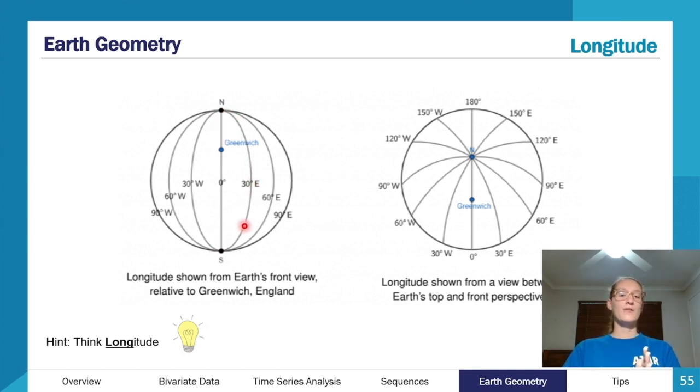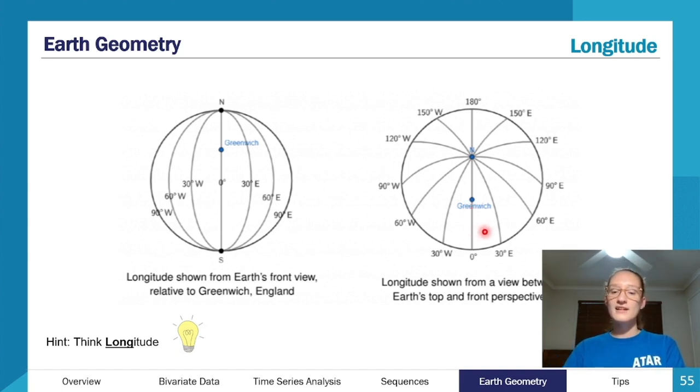And as we're moving right, we've gone 30 degrees east, 60 degrees east, 90 degrees east, 30 degrees west, 60 degrees west, 90 degrees west, until we wrap around all the way to the back, which is illustrated on this one over here, and that's our 180 degrees, our international date line. And this is our prime meridian, our 0 degrees, which we can see here as well. You can see it crosses through Greenwich in England. So that's just to help out with your geography a little bit.